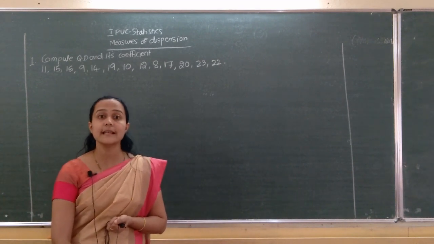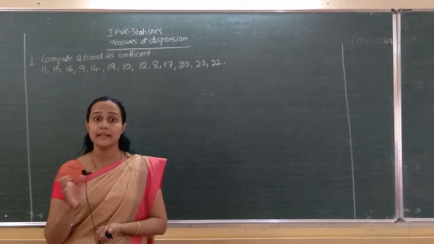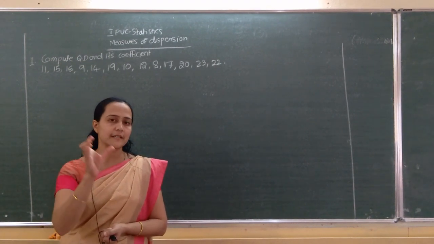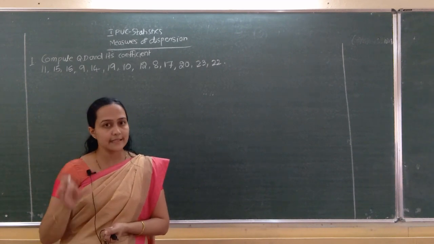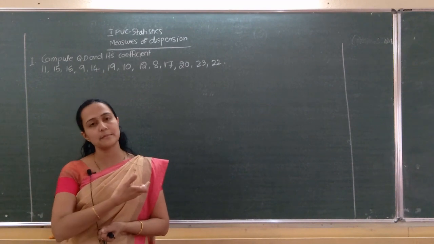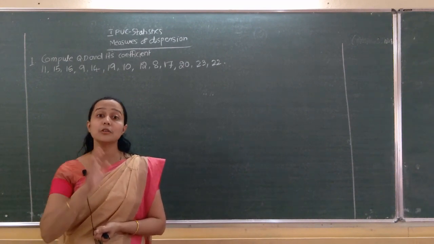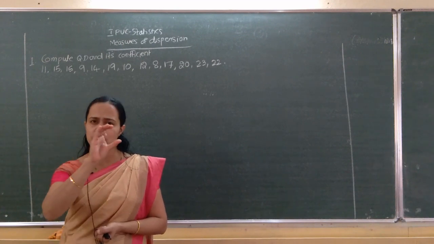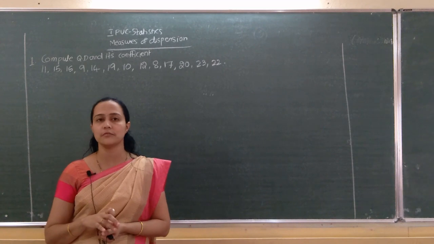So we were discussing the problems. First we will go like this. In the case of range also we found the first one, which was raw data, second discrete series, third continuous series. Similarly here, first raw data. Raw data means ungrouped data, just observations given: how to find QD and coefficient of QD.